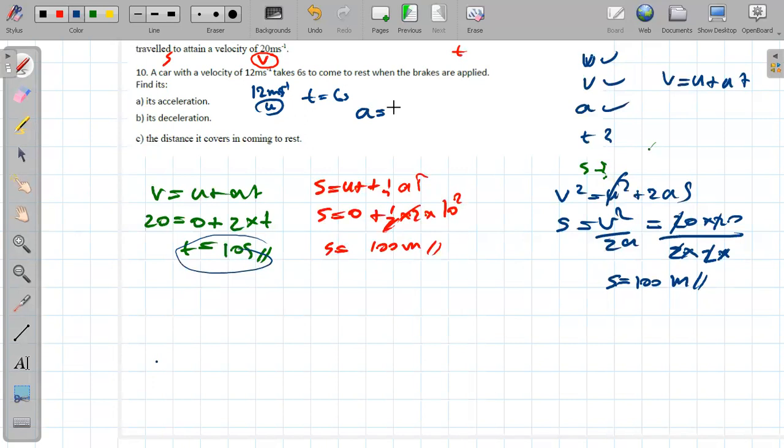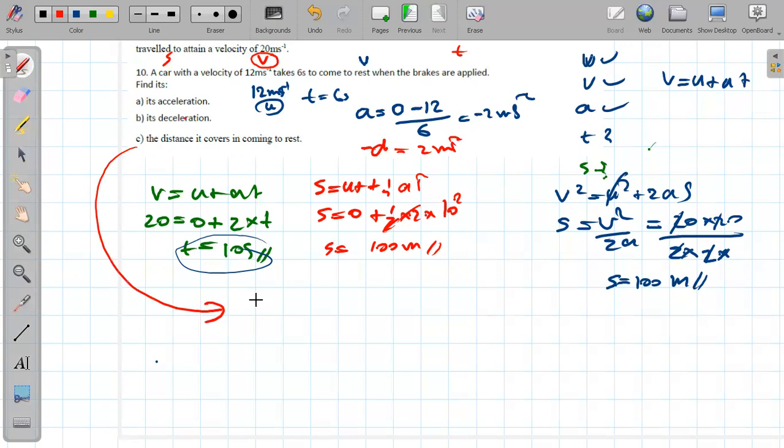Acceleration equals final velocity, which is 0, minus initial velocity 12, over the time of 6 seconds. This is minus 2 m/s². And for the last part, it is deceleration, minus a, which is 2 m/s².